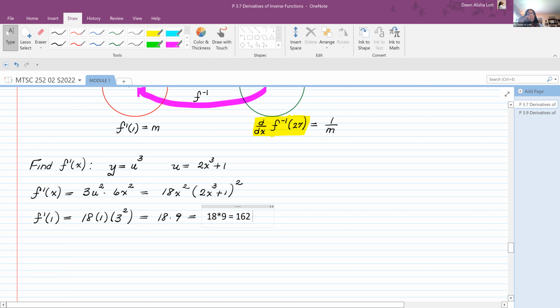Yeah, 162. So that becomes our m. Therefore, what we want is 1 over m. So the derivative with respect to x of f inverse at 27 turns out to be 1 over m, or 1 over 162.